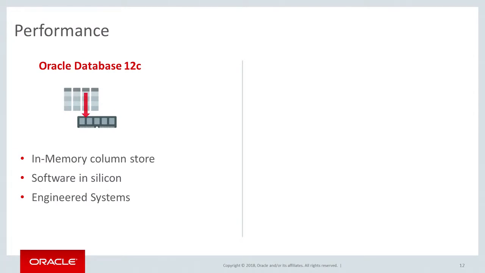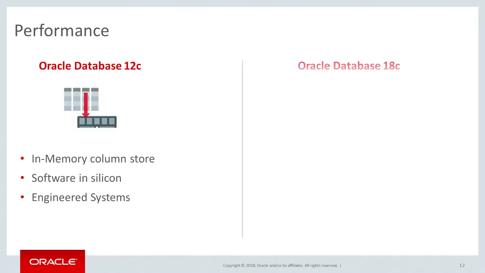Other obvious performance capabilities: the ability to process SQL on silicon and the ability to use engineered systems, take advantage of the additional functionality that comes with things like Exadata storage software, smart scans, hybrid columnar compression, flash cache, storage indexes, and so forth. But we continue to improve Oracle Database's performance capabilities with the introduction of 18c.